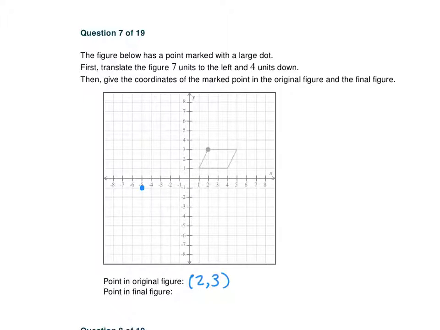So my new ordered pair is (-5, -1), and then from here I can go over 3 and make the other point, and then have my new translated figure.